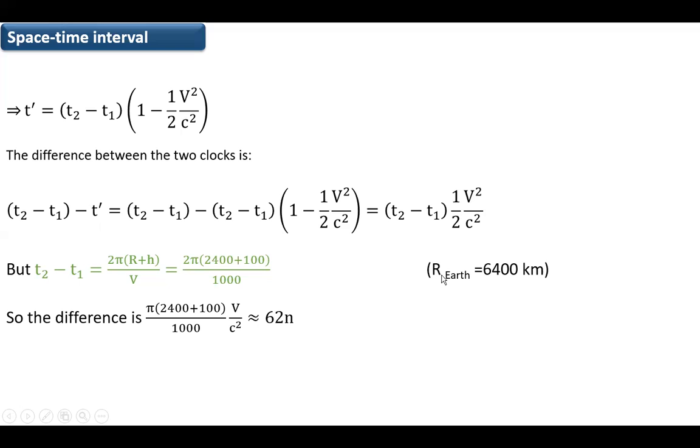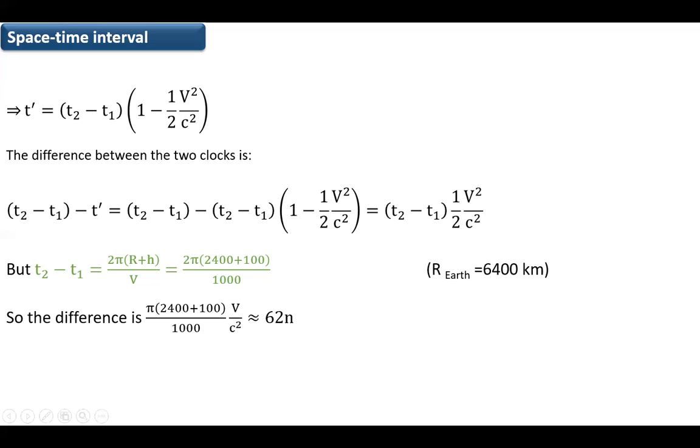If you take approximately the radius of Earth as 6,400 kilometers plus 100 kilometers over the velocity, the speed, which is 1,000. So you use your calculator to see it. You will find that the difference between these two clocks is around 62 nanoseconds.